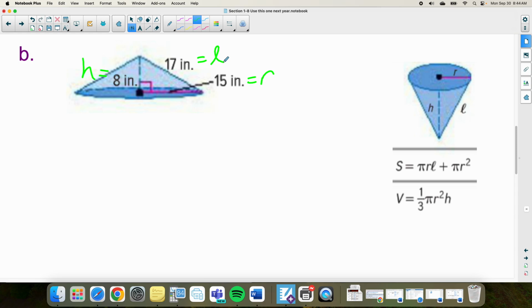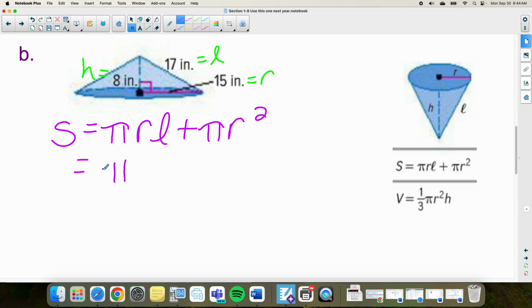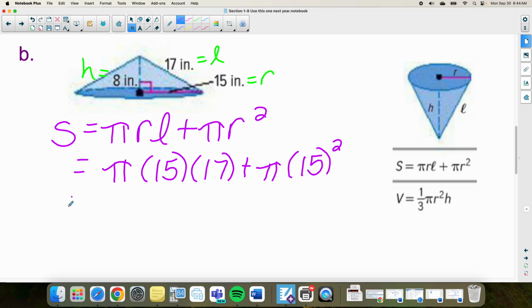So again, we're just going to write this formula down. Surface area is pi r slant height plus pi r squared. So we go pi, my radius is 15, my slant height is 17, plus pi, and then my radius is 15 squared.